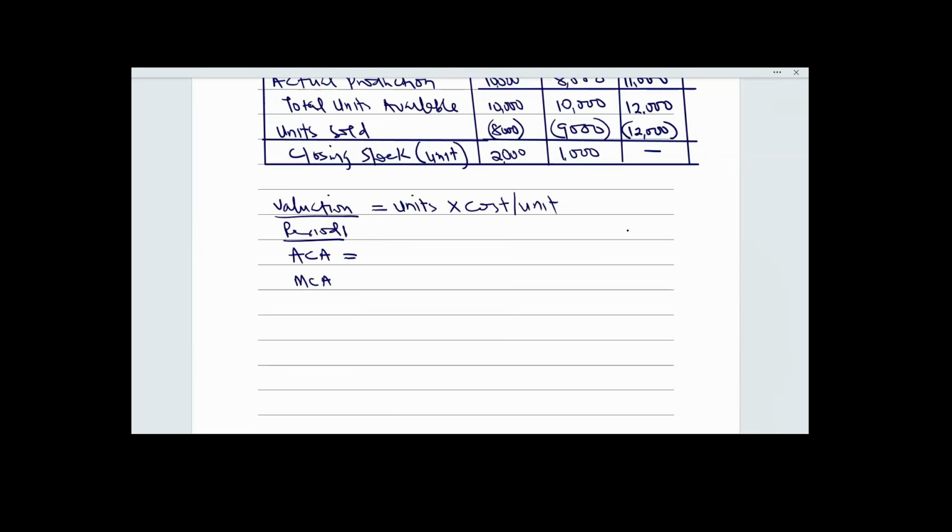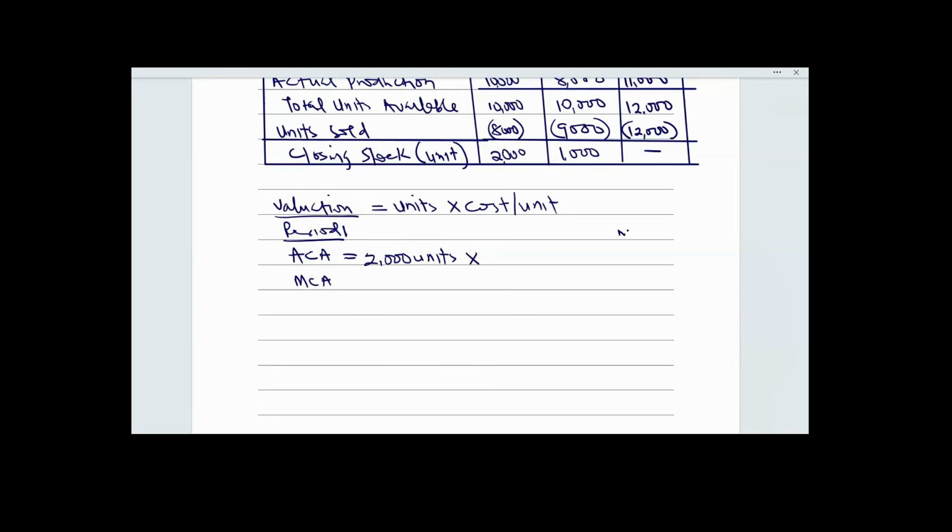When you are using ACA under absorption, we said stock are valued at total cost per unit. Therefore, in period 1, this closing stock is 2,000 units, multiplied by the cost per unit. What's total cost per unit?